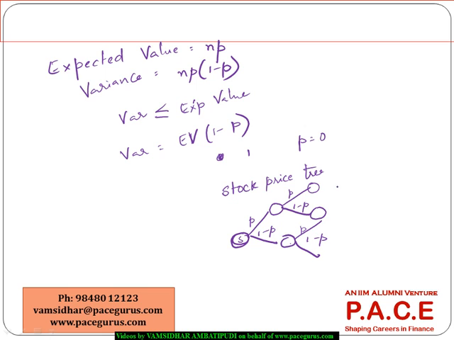So at the end, if I really want to find out the probability that at the end of 2 periods it will reach this particular value, that means the probability of 1 up and 1 down, or 1 down and 1 up. So the probabilities are p times 1 minus p, 1 minus p times p. So overall it becomes 2p times 1 minus p.